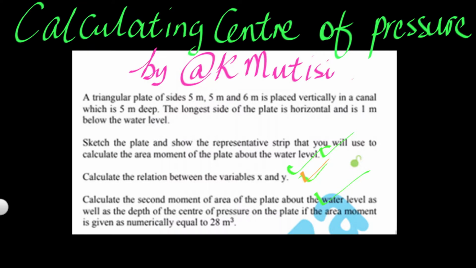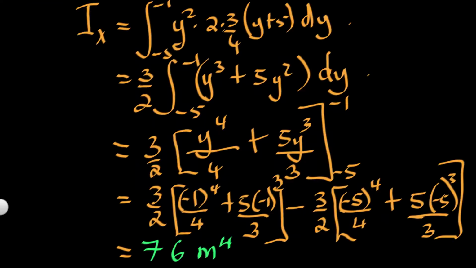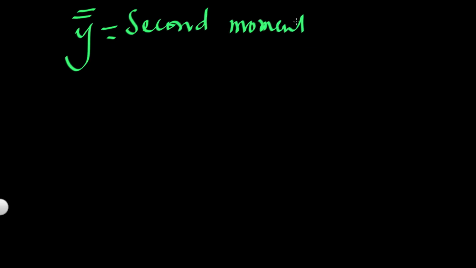So we can do the last part of the question. All right, let us go back to our calculation. This is where we were. Let us now find y double bar. So this is y double bar. We said this is equal to the second moment of area.